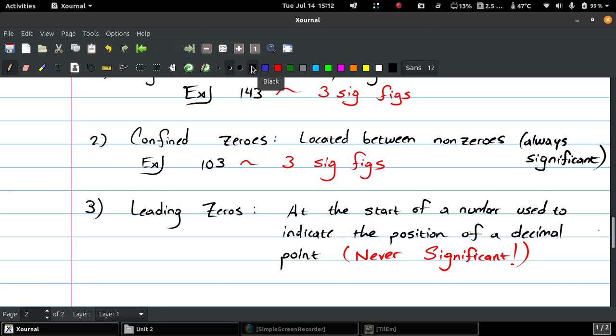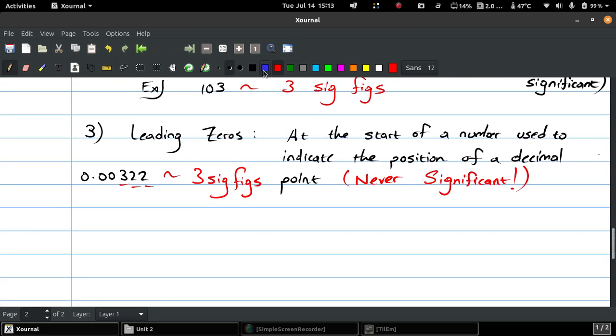So an example of that would be 0.00322. If you count, you have a total of 1, 2, 3, 4, 5, 6 numbers, but you only have 3 significant figures. The reason for this is, if you remember back to about 10 minutes ago when we were doing scientific notation, all you're doing is moving the decimal point.